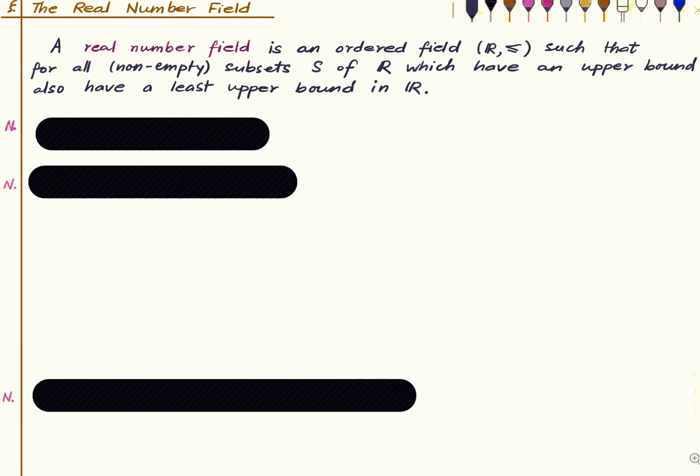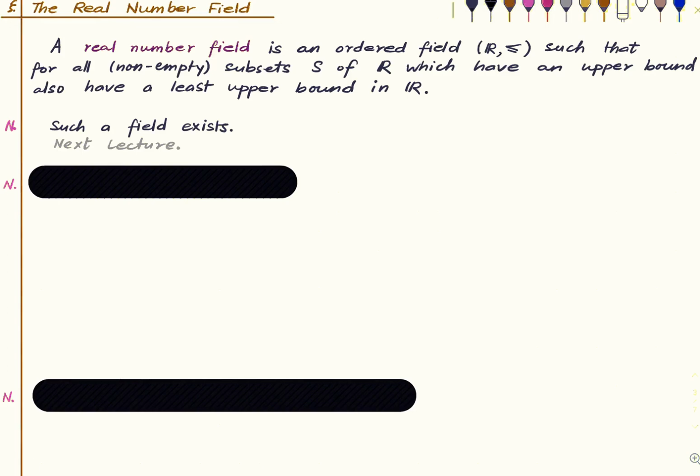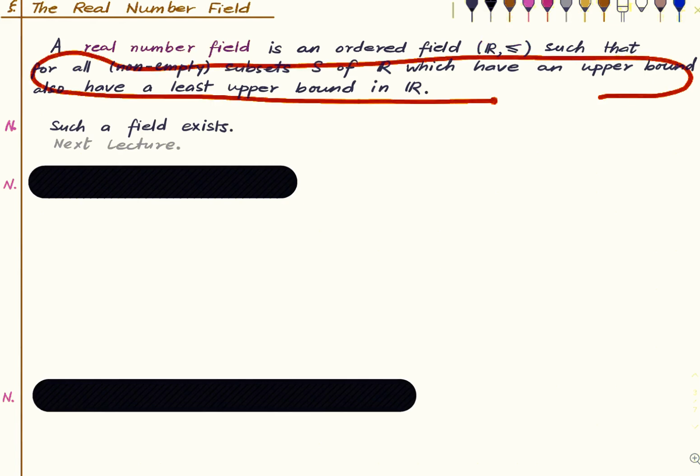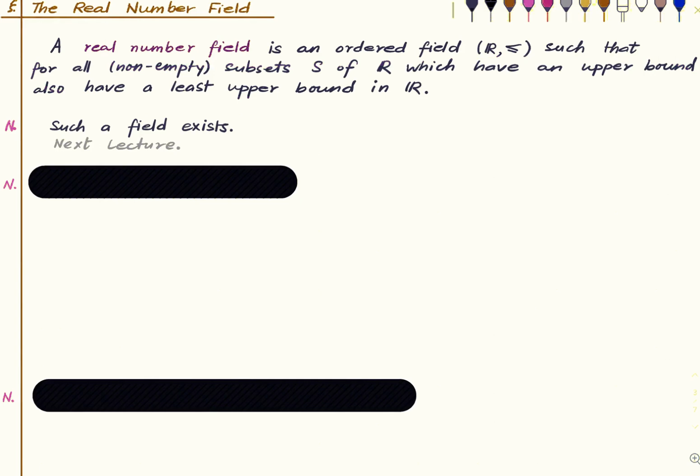Now, of course, just because we can define something or demand something doesn't mean such a demand can be fulfilled. So the first thing to say is that, yes, there is such an ordered field. And that is the topic of the next lecture. In the next lecture, we will construct by hand a field of real numbers, an ordered field which satisfies this property that everything that is bounded above also has a least upper bound.